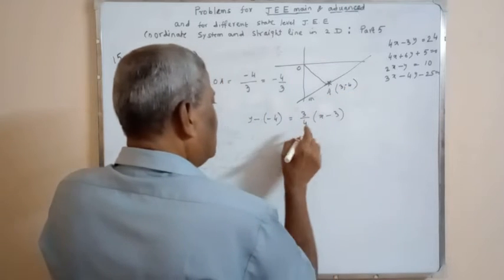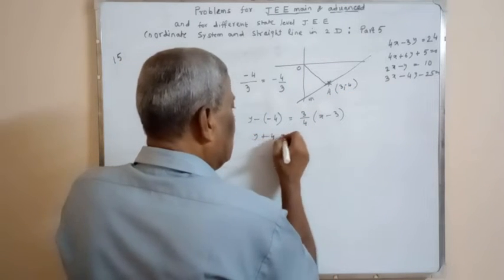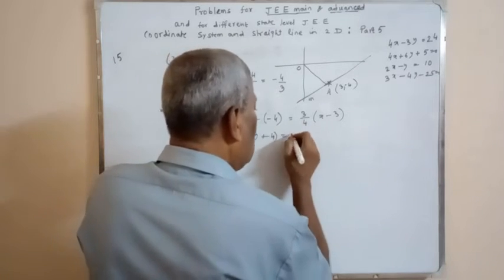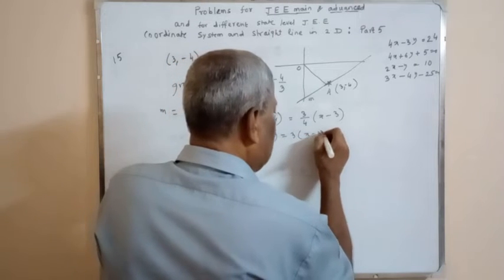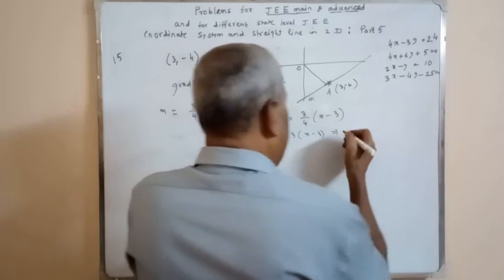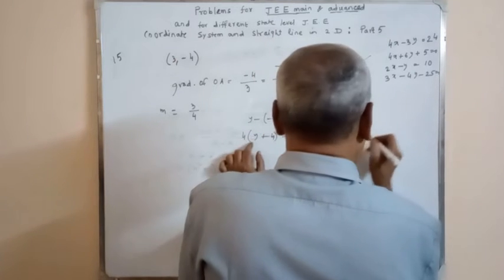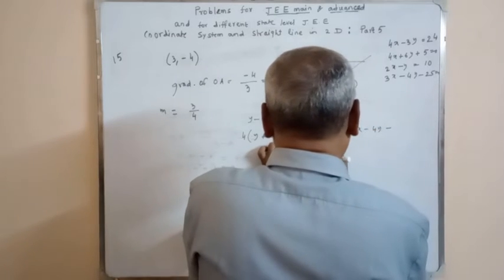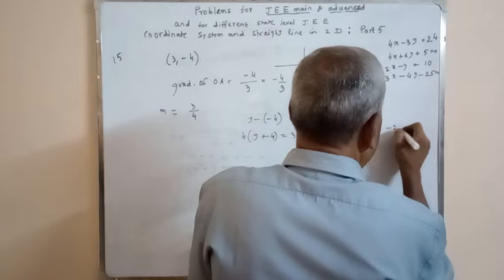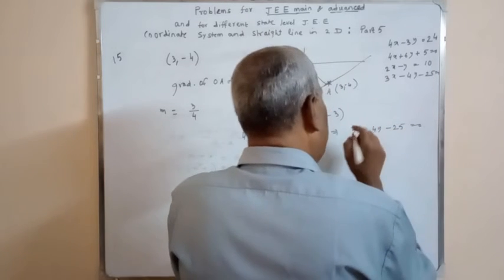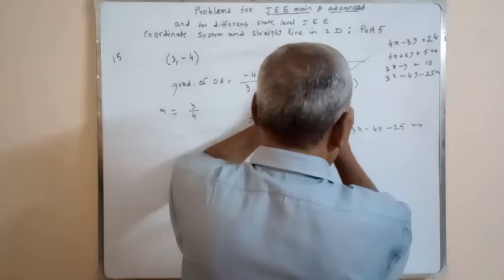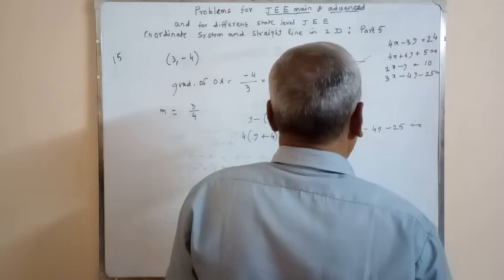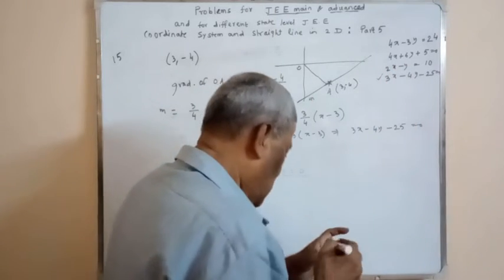So y plus 4 is equal to 3 by 4 into x minus 3. So 4 into (y plus 4) is equal to 3 into (x minus 3), giving 3x minus 4y minus 9 minus 16, so minus 25 is equal to 0. So the required equation of the straight line is 3x minus 4y minus 25 equals 0. So this is our answer. Option B is correct.